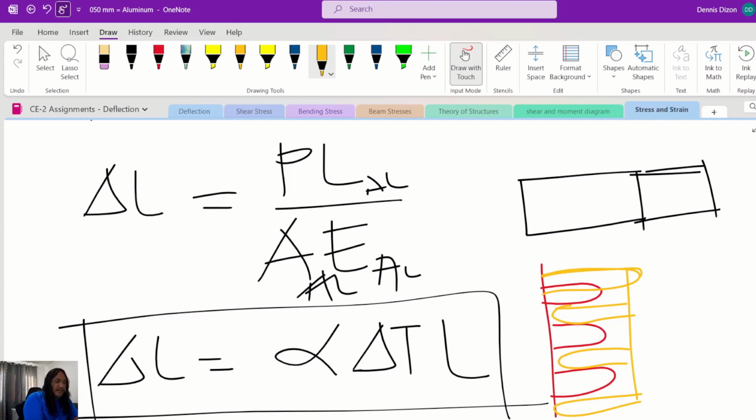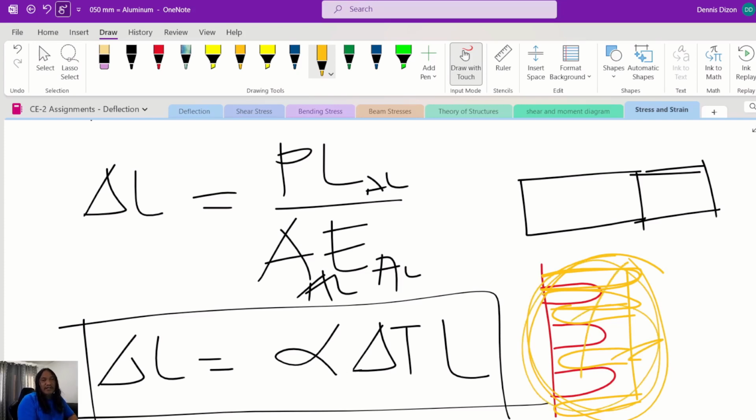So that's why this one here is an allowance. If you see this joint, this is allowance for contraction and elongation of your material. All bridges have this joint for the change in temperature and also to allow movement. So whatever is the change in temperature and the initial length, alpha is the coefficient of thermal expansion.